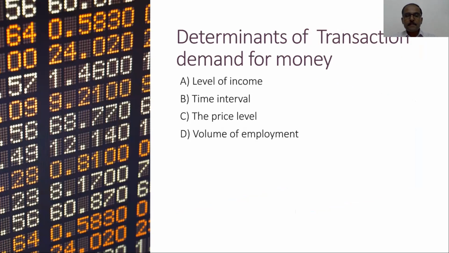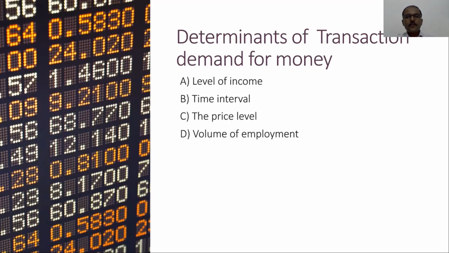Transaction demand for money is basically determined by the level of income. There may be, say, two persons, person A with a high level of income and person B with a low level of income. Naturally, the person having a high level of income will have high requirements, more wants, more needs.